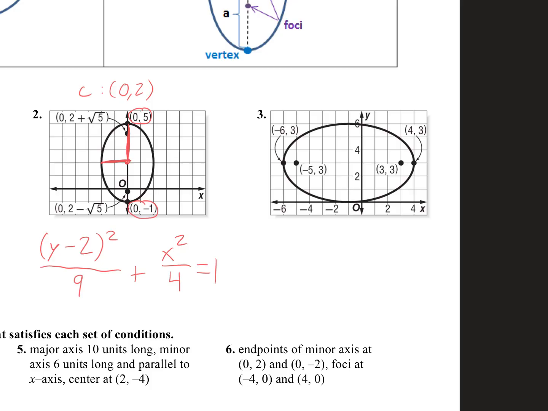All right, so clearly number 3 is horizontal. If you do the midpoint formula, you get that the center is at -1, 3. All right, so horizontal, centered at -1, 3. All right, so our first numerator is going to be x plus 1 squared.